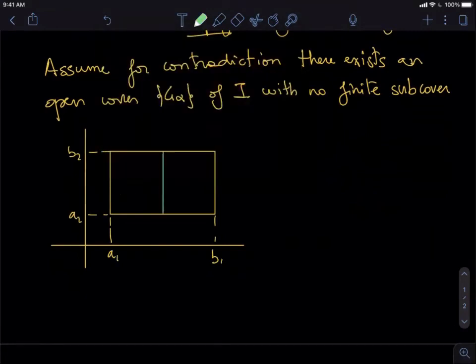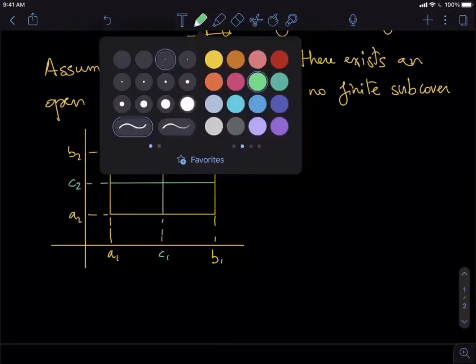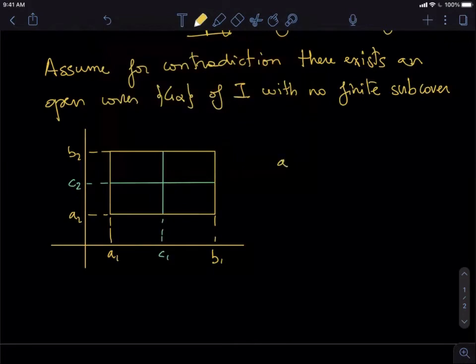We are going to split the K cell into 4 identical pieces by taking the midpoints of the two segments a1b1 and a2b2. What is the formula for that? So the formula for that is cj, which is aj plus bj divided by 2, the average.